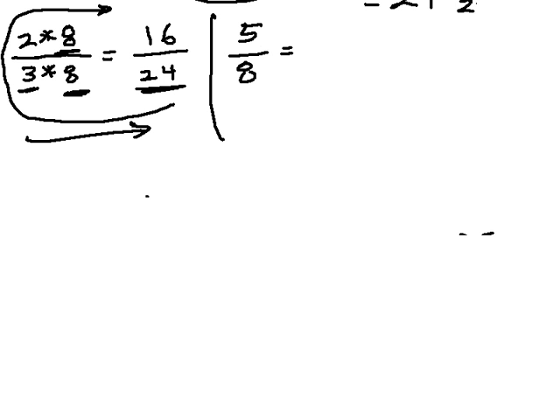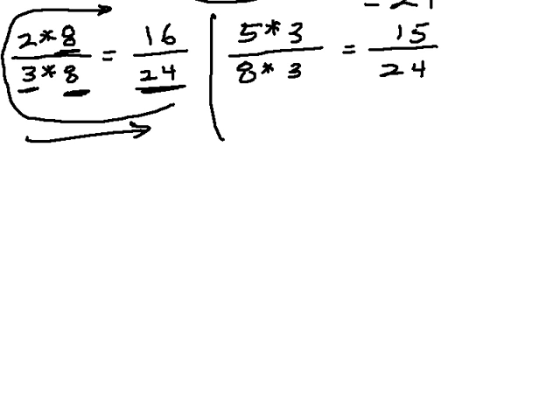And let me move that equal sign. There we go. How many 24ths is 5/8? 8 times 3 is 24. 5 times 3 is 15. 15 24ths.